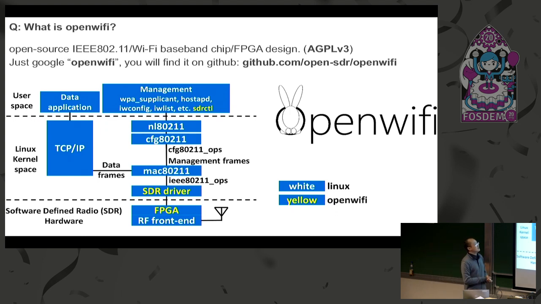Okay, why do we say it's a chip design or Wi-Fi chip? Because it doesn't work like the USRP or GNU Radio stuff. It really works like a commercial Wi-Fi chip. You may know or you may not, the commercial Wi-Fi chip actually offers you two things.